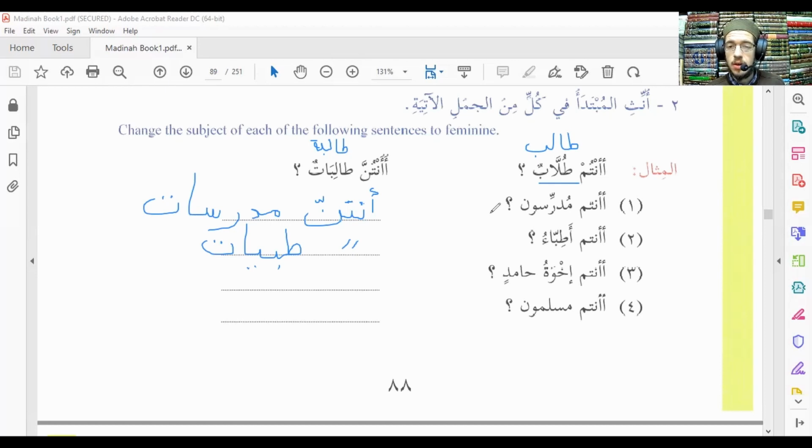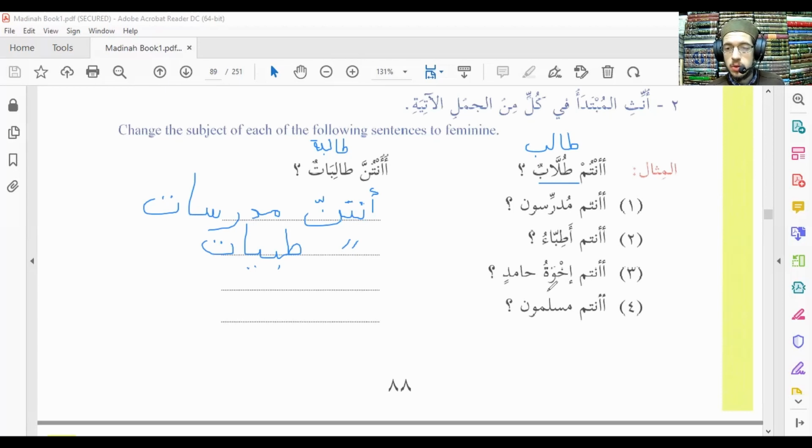It could mean, are you all brothers, Hamid? Like we're talking to Hamid. Or it could be, are you all brothers of Hamid? So we require the harakat in order to distinguish between the two.